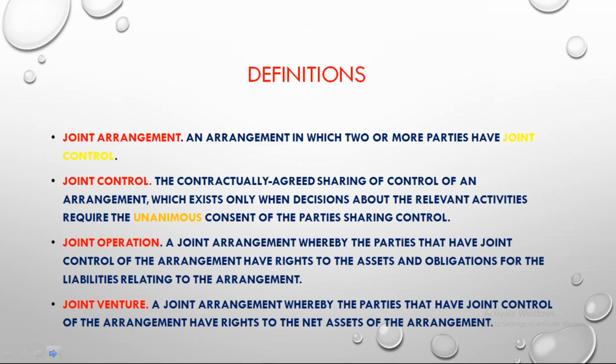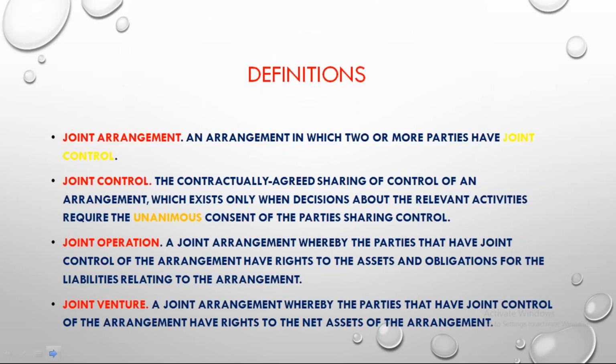That is what we call a joint operation. Okay. You send vehicles from the UK. I'm going to sell the vehicles. So I have set up a kind of establishment here. The assets of that establishment are equally yours and mine. Liabilities are equally yours and mine. That kind of arrangement is what we call a joint operation.